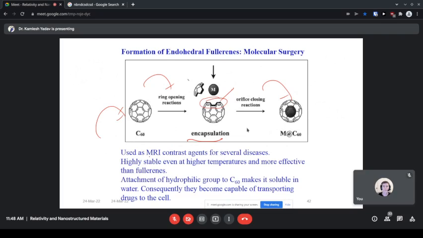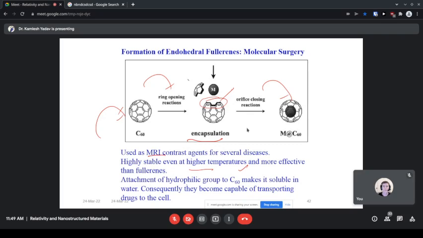Suppose you can add some MRI contrast agent, okay, and that fullerene based MRI contrast agent and materials will be highly stable and more effective than the fullerene. Therefore, we can do molecular surgery, we can break the ring, we can add any material inside, and then we can use this material as per our application, as per our need.